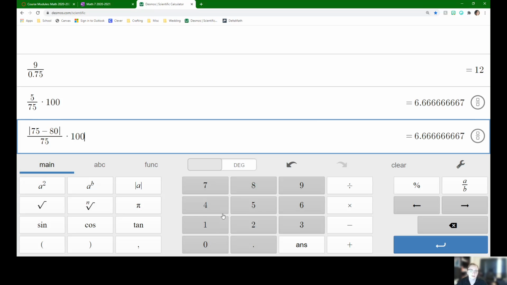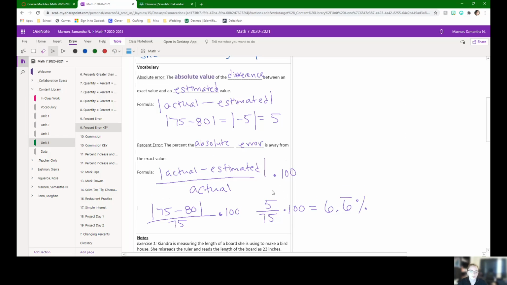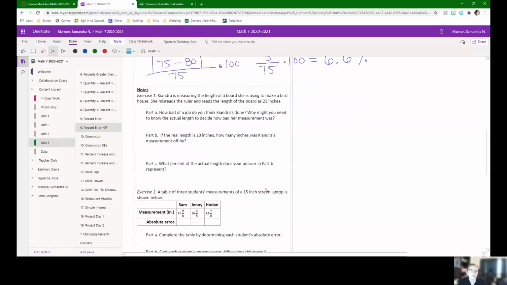You can also do those on the TI-34s that we have at school, but getting to absolute value is a little trickier. You have to hit the math button and then pick where it says ABS usually. We can type it into Desmos anytime we need to, or we can do it step by hand, as long as we are showing our work. If we type it in the calculator, it needs to be on our paper.